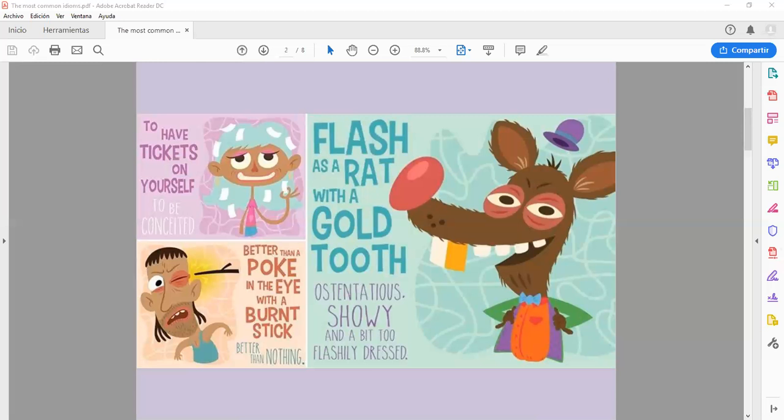Okay, this is another example. The mathematics teacher in the high school I work has tickets on himself because he had a honorific mention.